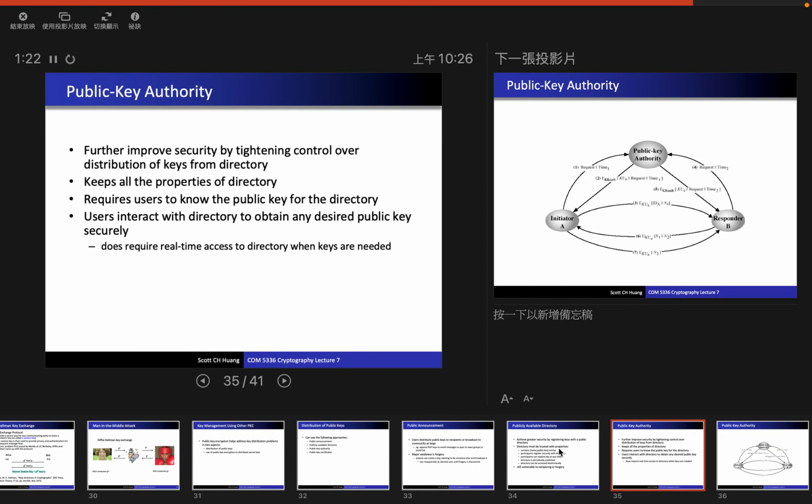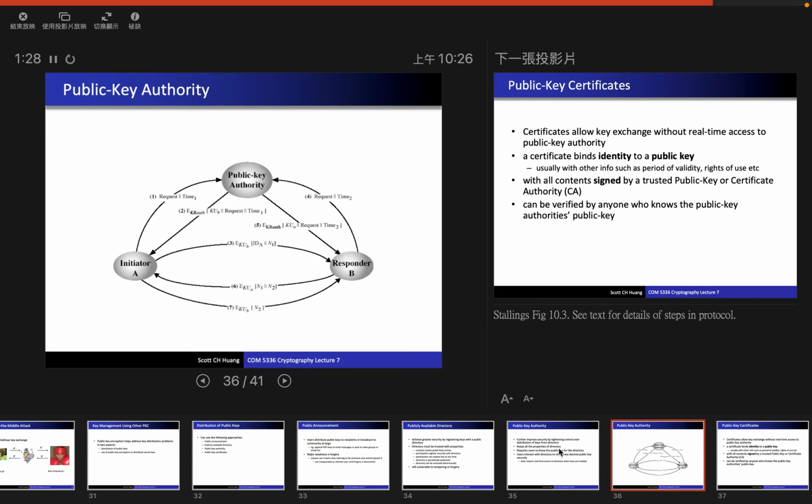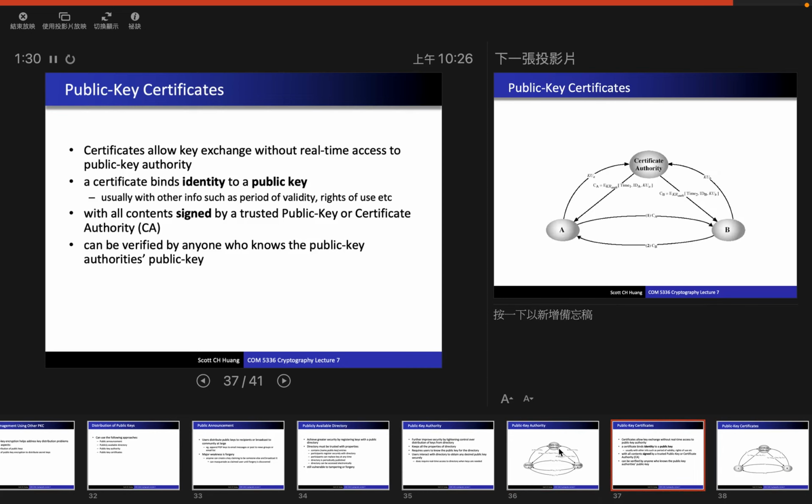Public key authority. So you have an authority like NTHU. This you have security. Public key authority, certificates. This will allow you to do key exchange without the authority being involved.